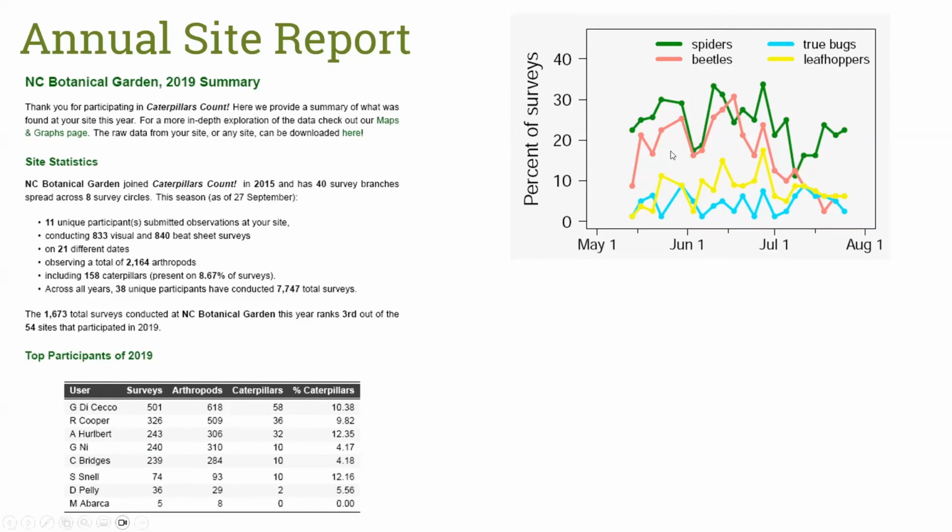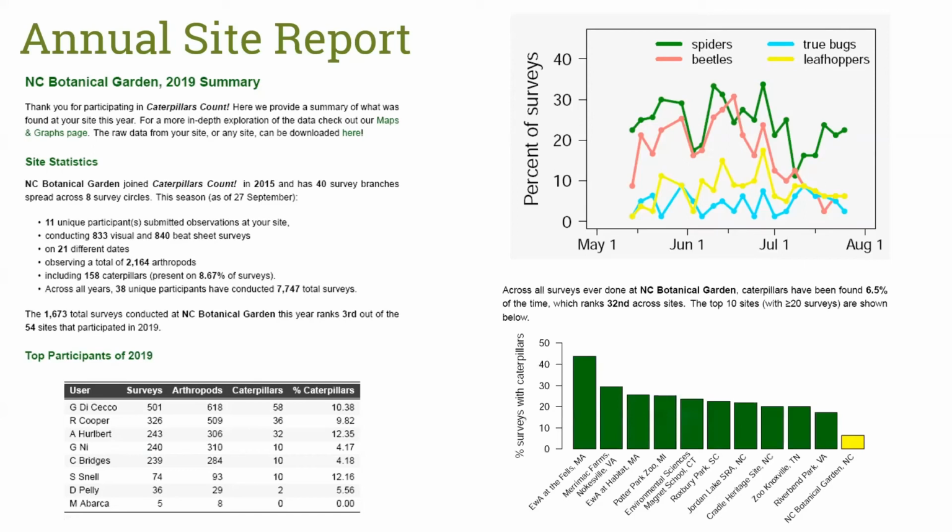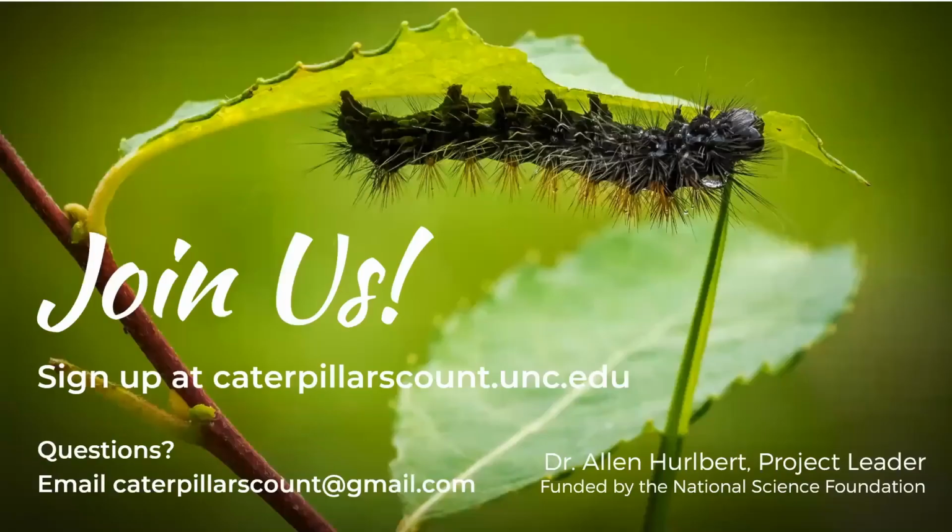You get summaries of the seasonal pattern of some different types of bugs that you saw. You get a summary that includes how your site compared to the top 10 sites based on caterpillar occurrence. So you can get a sense of how you compare to others.